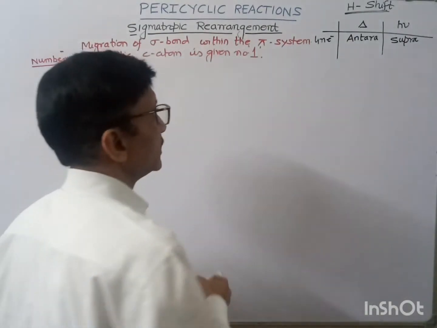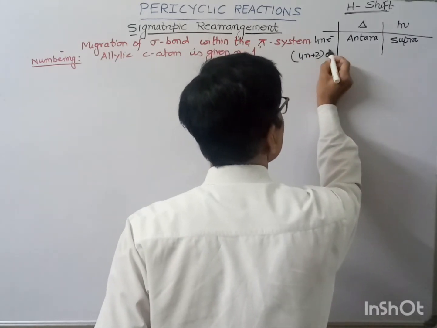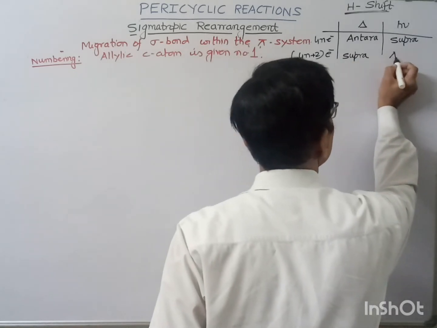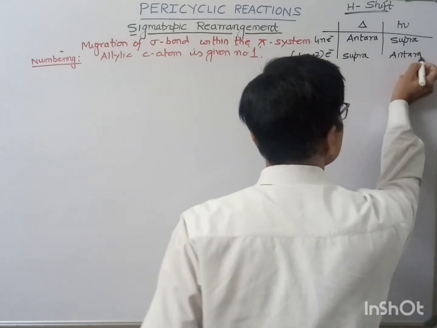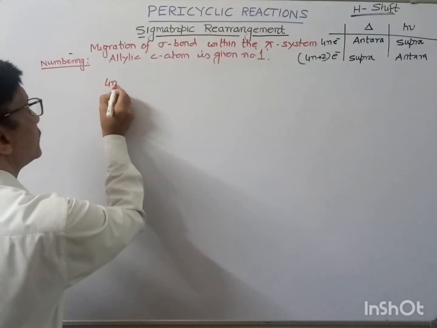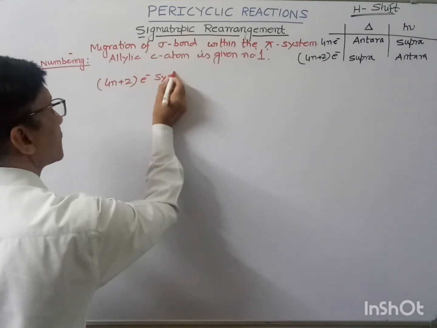For the 4n plus 2 electron system, under thermal condition I will get supra, and under photochemical condition I will get antara. So let us see how I will get this.